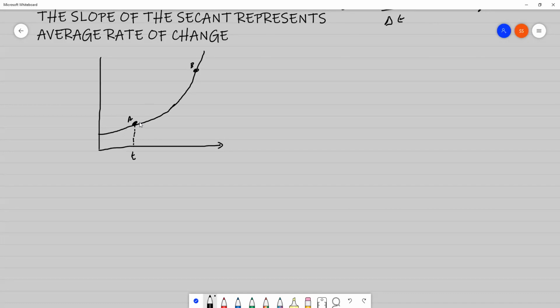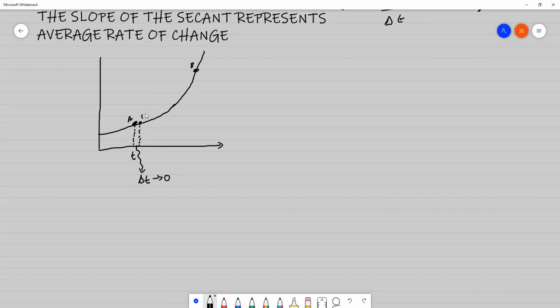If I place B very close, here the del T becomes very small. The del T is almost tending to 0.